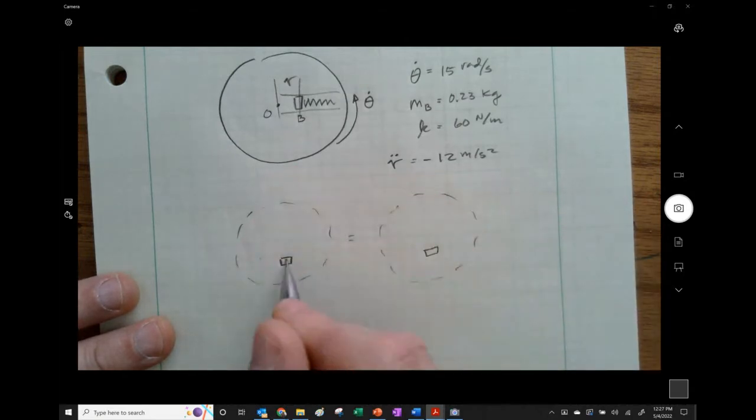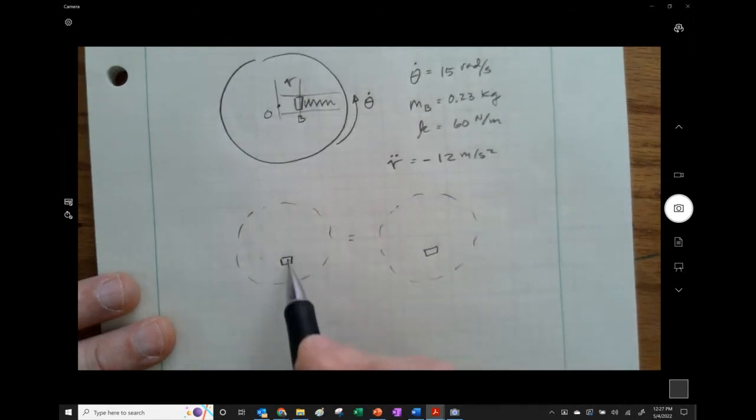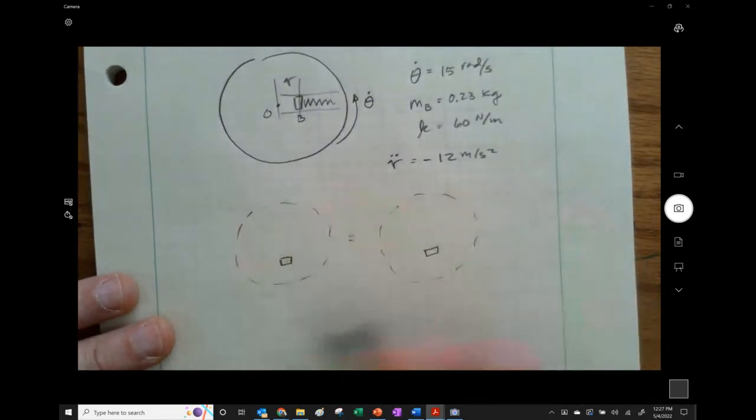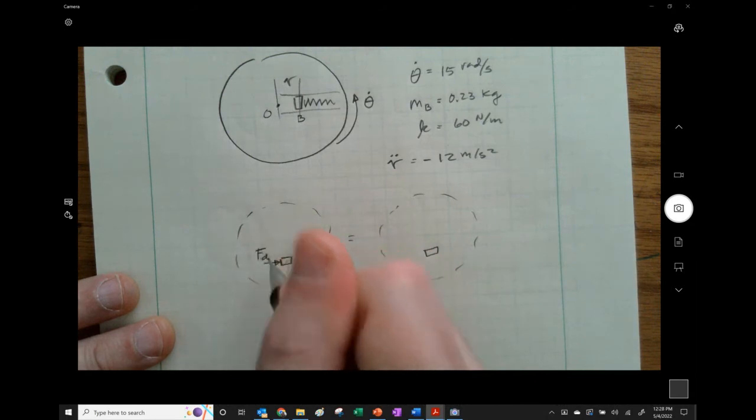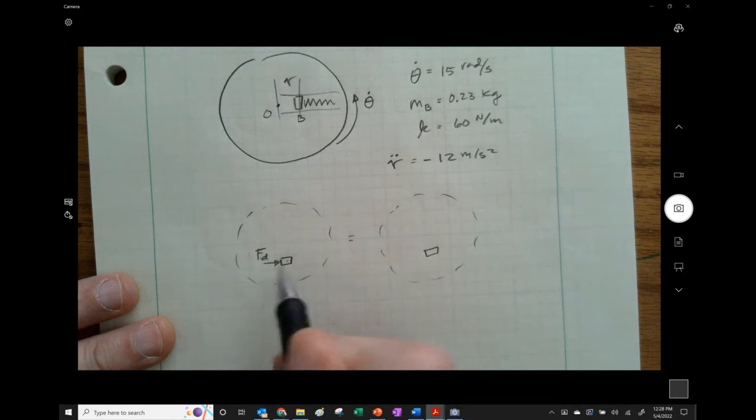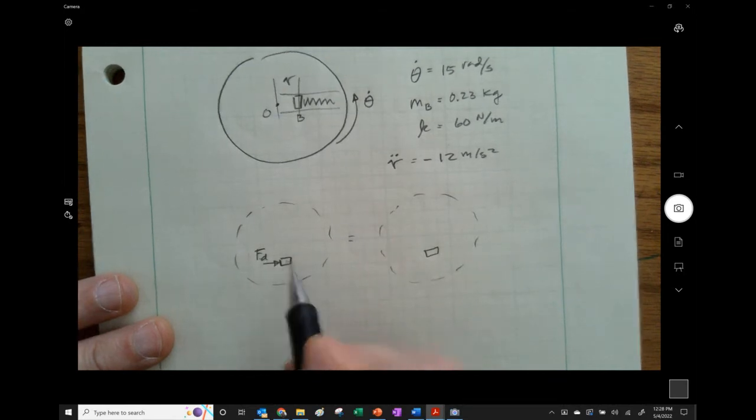You could take a look at the forces on this. One is, if you think about why this little piece is moving, it's because he's going counterclockwise, so the slot he's sitting in is pushing on him. I call this F_D, for the disk. This is the force of the disk onto this little slider.